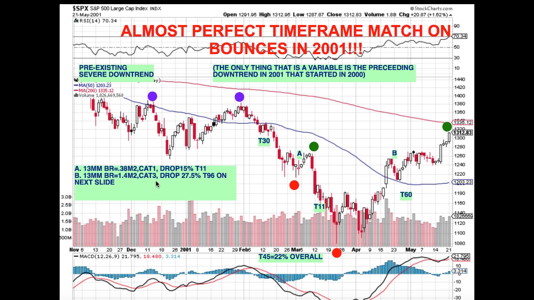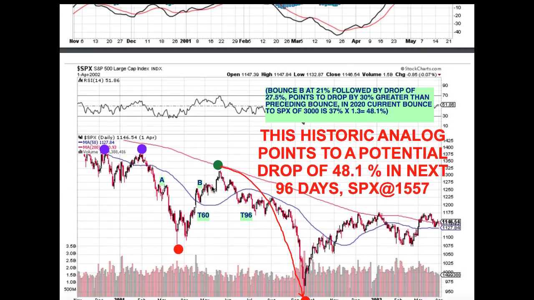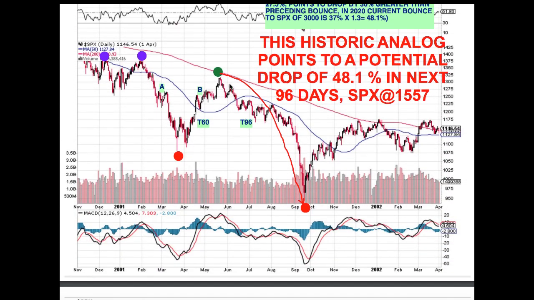And then, as you can see on the next slide I'm about to show you, look at this magnificent drop right here. It is unbelievable. Here's your bounce A, bounce B, and look at this huge drop right here. Notably, the time frame on the drops after bounce B, as I pointed out earlier, and I just want to reiterate it one more time, does tend to increase.